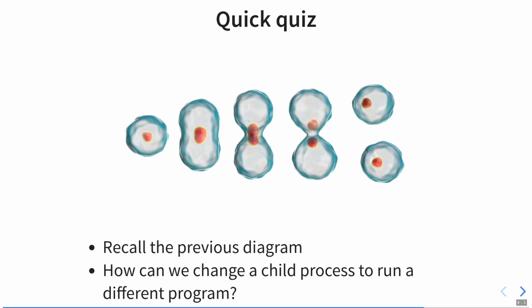How can we change a child process to run a different program if the child is always initially a complete copy of the parent? You could do the switch statement and then do exec if the PID is 0. Yes, exactly. So switch fork, and then exec in the child. This is how process creation usually goes on Unix systems: switch fork exec, switch fork exec.